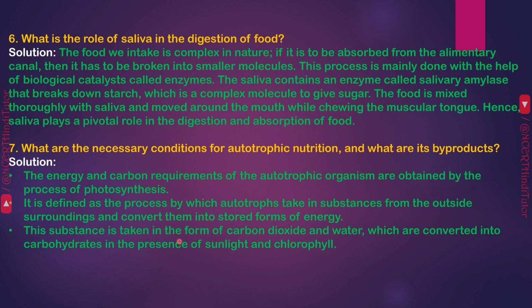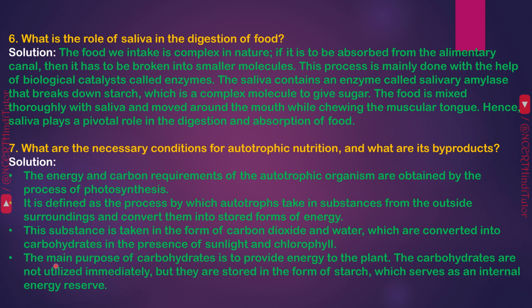This substance is taken in the form of carbon dioxide and water, which are converted into carbohydrates in the presence of sunlight and chlorophyll. The main purpose of carbohydrates is to provide energy to the plant. The carbohydrates are not utilized immediately, but they are stored in the form of starch, which serves as an internal energy reserve.